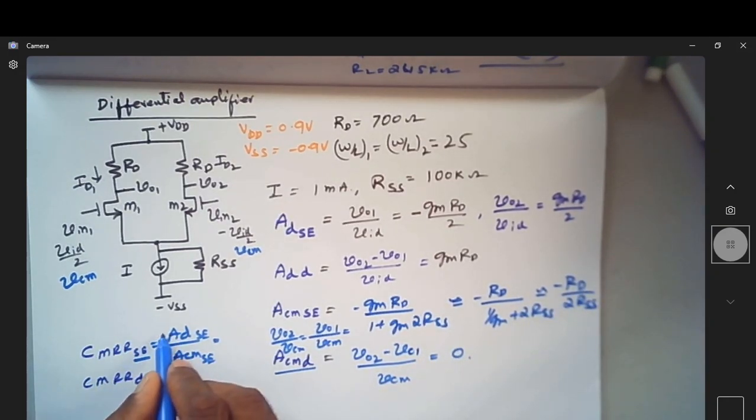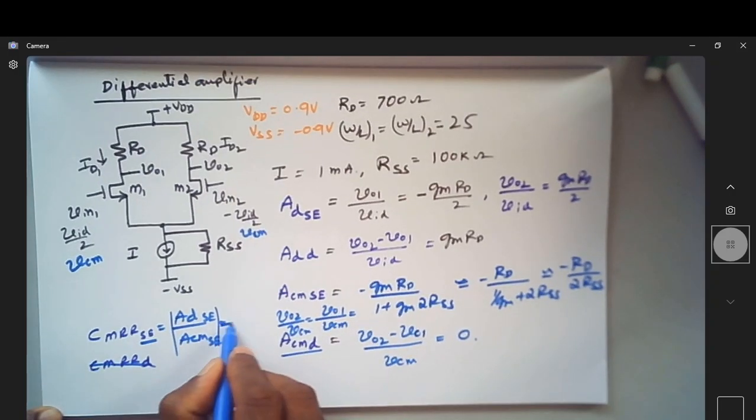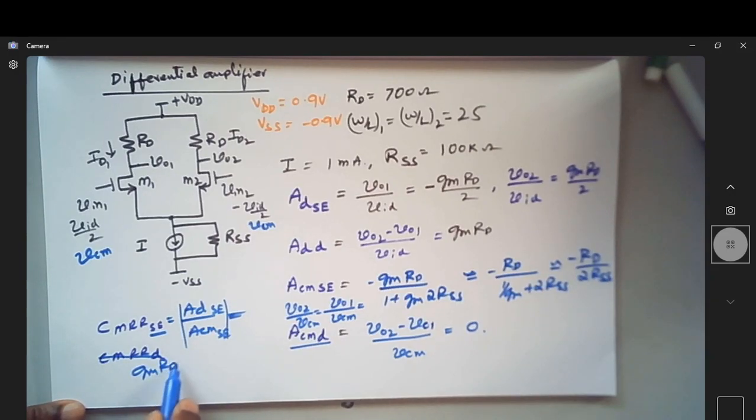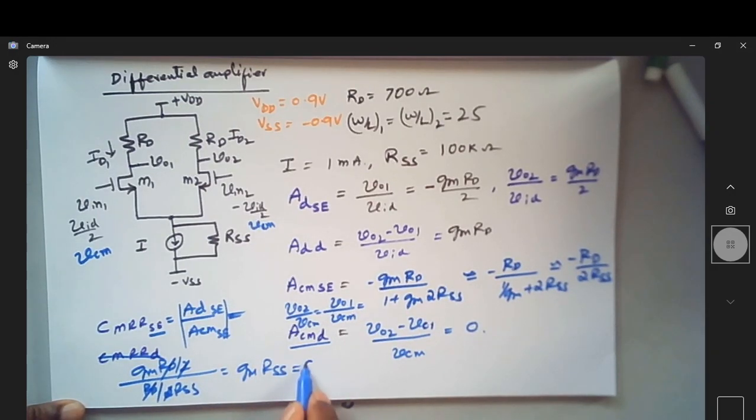If you simply take the magnitude of these parameters, GM into RD by 2 is your ADSE, and this is RD by 2 RSS. So this RD will go, this 2 and 2 will go. You will end up with GM into RSS as the CMRR single-ended.